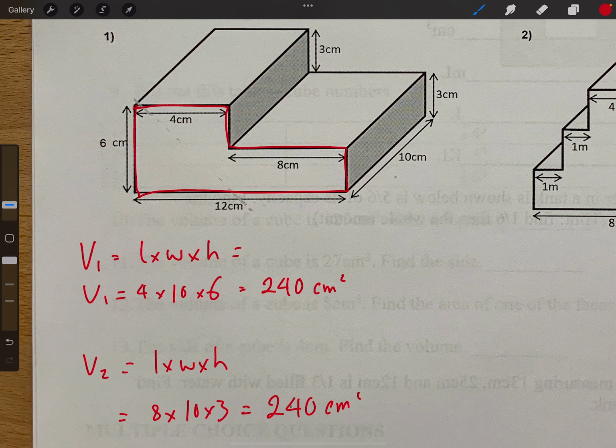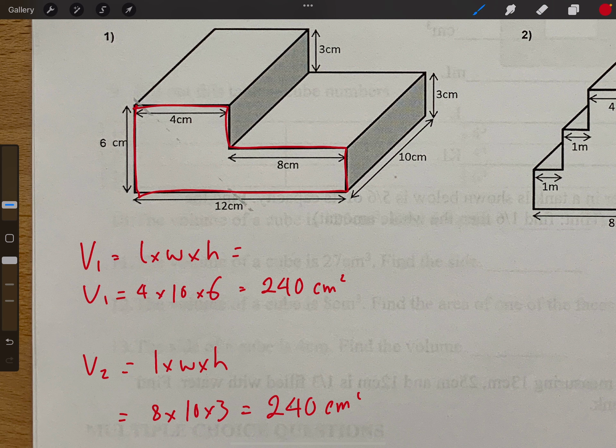So the area of the big piece will be 12 times 6. So the cross section area is equal to 12 times 6, which equals 48. Oh, sorry, not 48, 72.